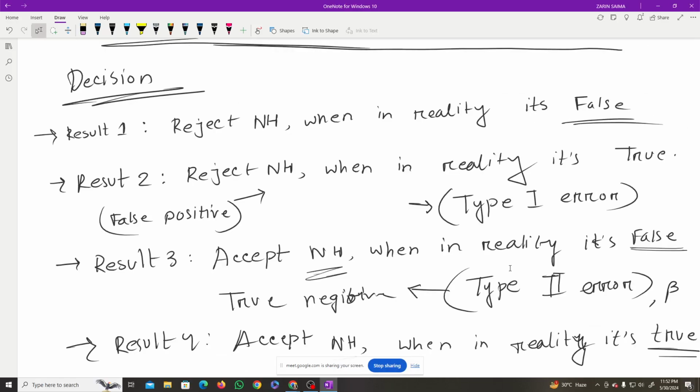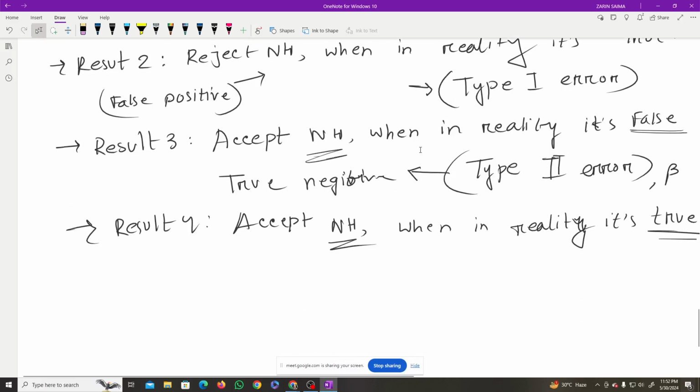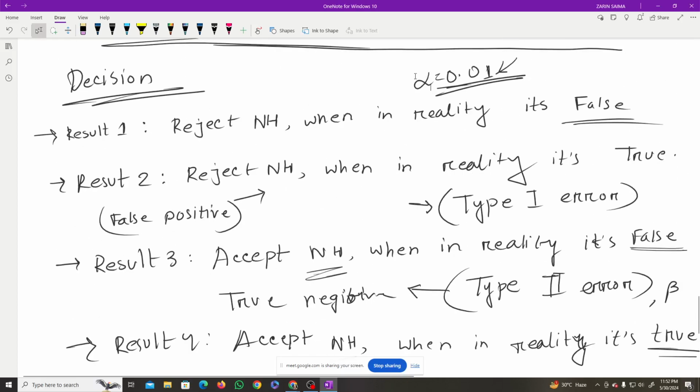Suppose you take your significance value as 0.01. Take the example that the machine is working perfectly, so there will be less error. So you take your significance value as 0.01, so there won't be many chances to reject the null hypothesis. But in the scenario of, suppose, the students' grade case, you can't take this as the significance value.